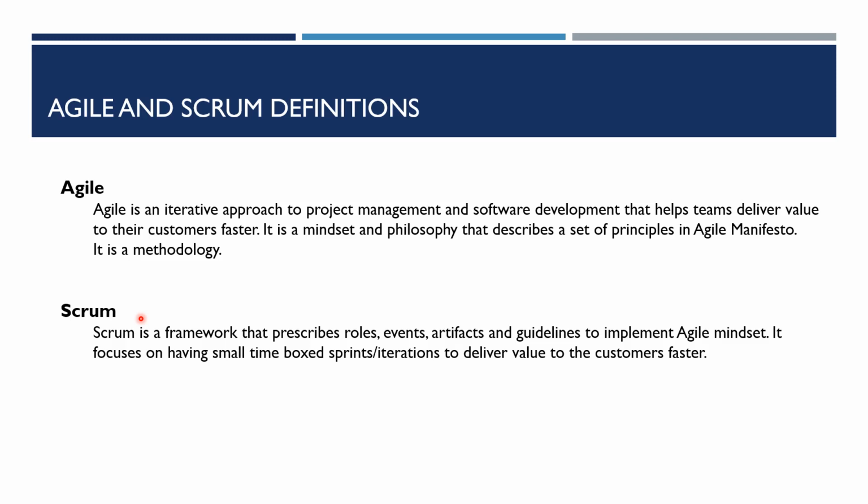This Scrum framework defines various roles, ceremonies or events, what artifacts we build here, and what are the guidelines to implement the Agile mindset. It focuses on having small time-boxed sprints or iterations to deliver value to the customer faster.